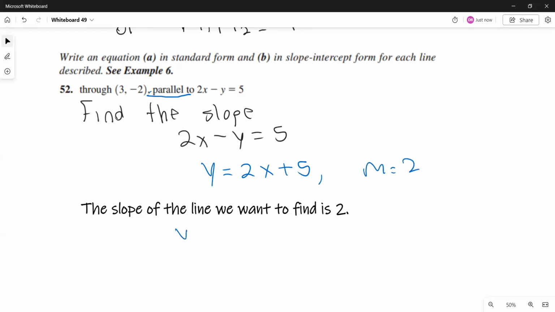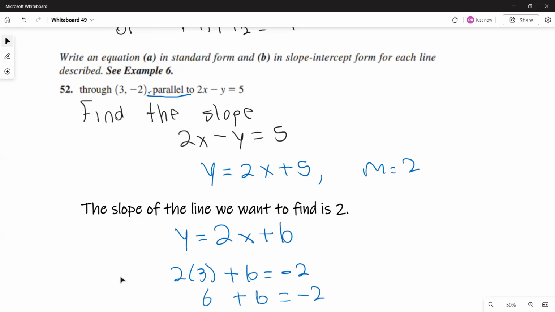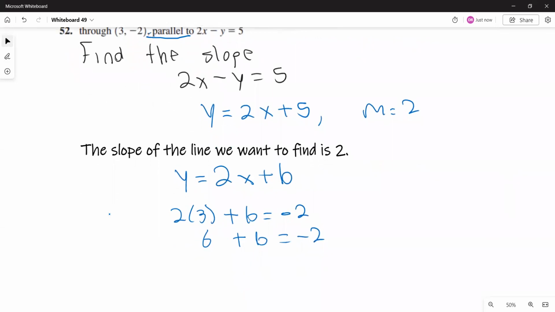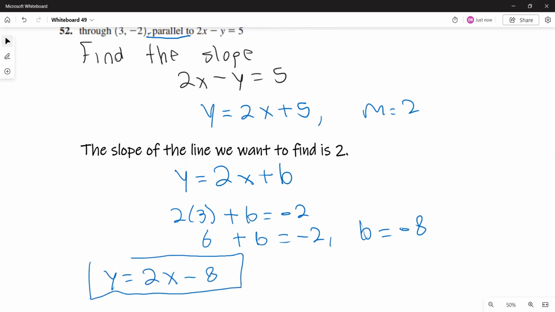Okay, so we know that y is 2x. We're actually going to find this first in slope-intercept form. y is 2x plus b, and using the point 3, -2, 2 times 3 plus b is equal to -2, or 6 plus b is -2, and b is -8. So y is 2x minus 8. This is the equation in slope-intercept form.